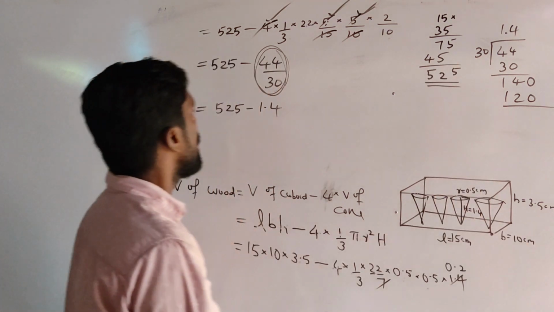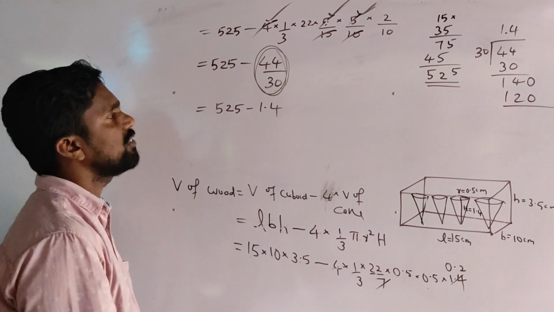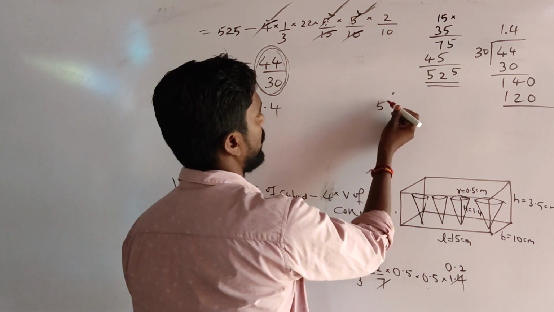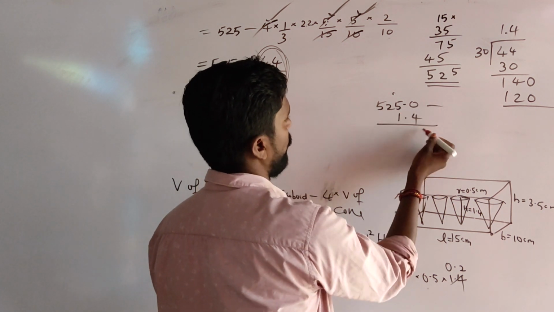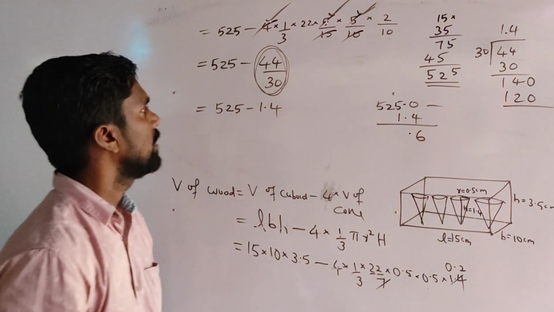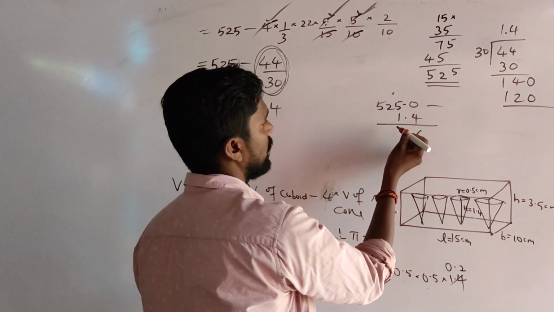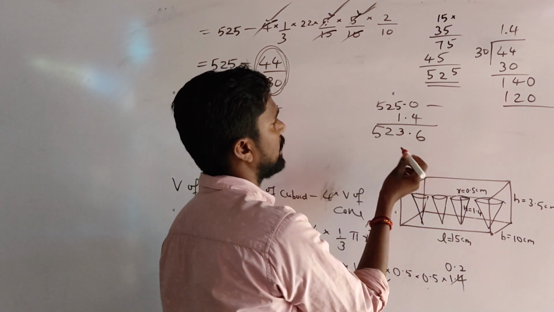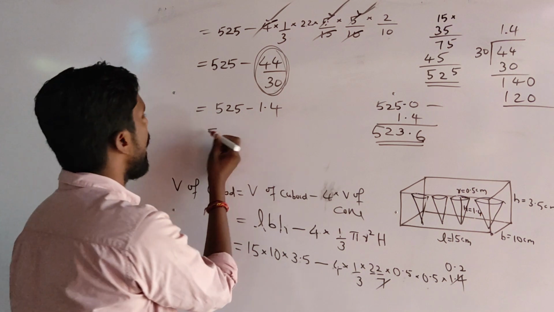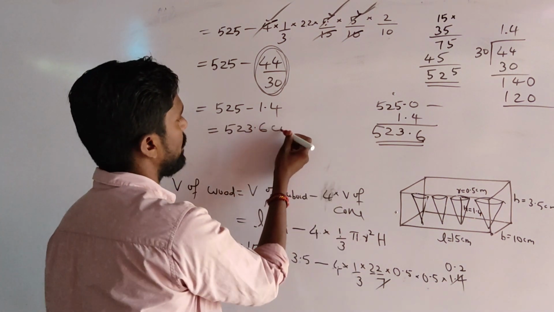Otherwise, you can stop, because it is not possible to get the exact answer. 525.0 minus 1.4. You will get the answer 523.6, that much centimeter cube.